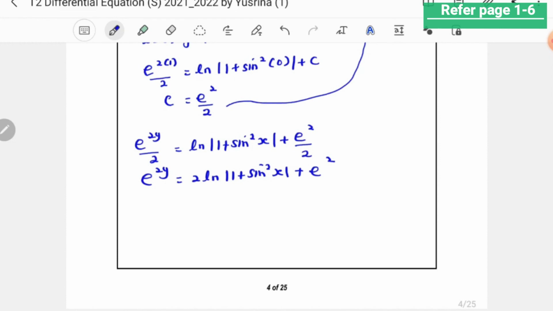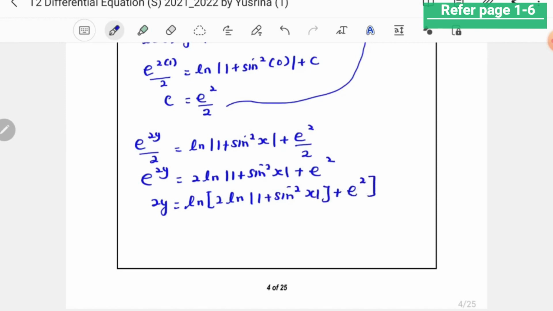take ln on both sides to eliminate the exponent, so you get y equals ln of the bracket 2 ln(1 + sin² x) + e².